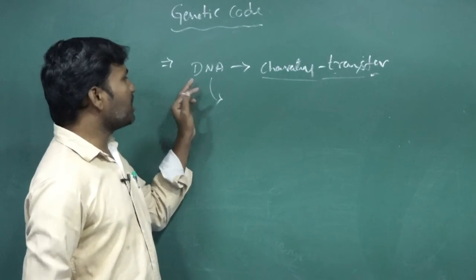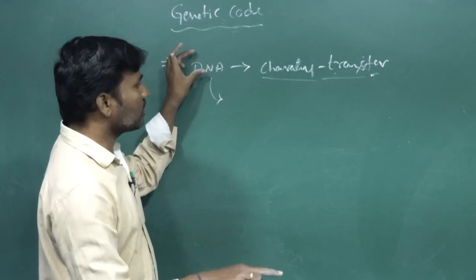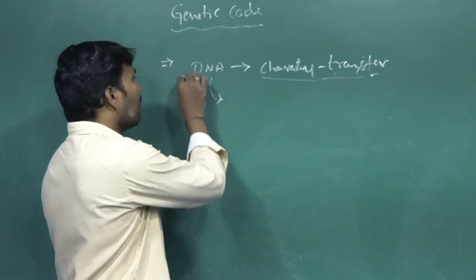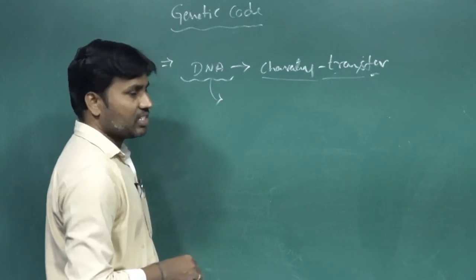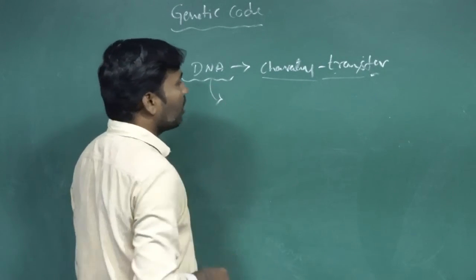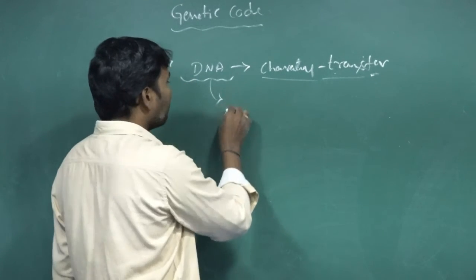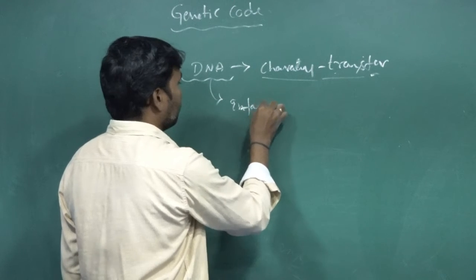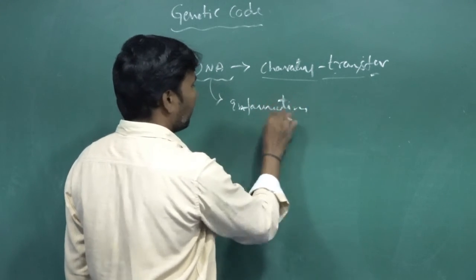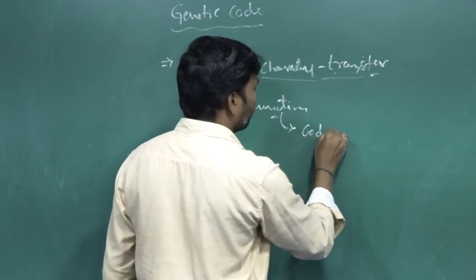So the information is present in the DNA. How is this information going to be transferred to the next generation? The information present in the DNA is expressed; the DNA is going to express it. The information present in the DNA is in the form of a code.